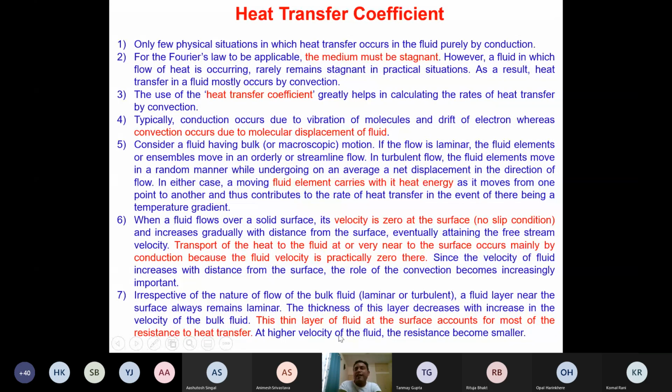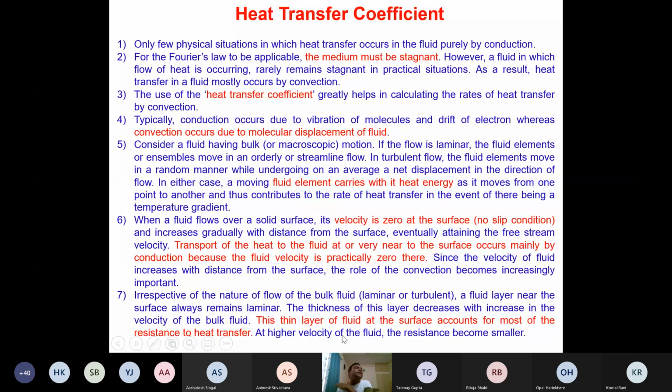So what we wanted to say here is, as we have already discussed, the velocity of the fluid remains nearly zero, very close to the surface of the solid, and most of the resistance is present only in this thin layer. Okay.